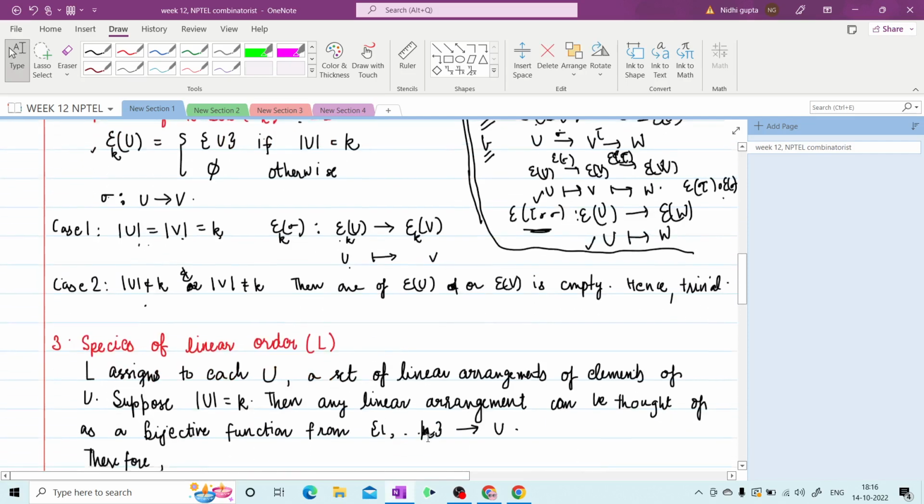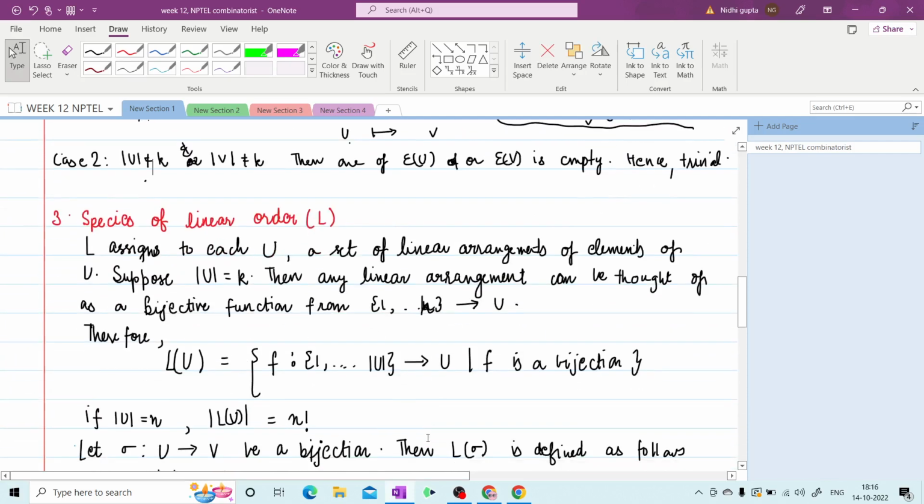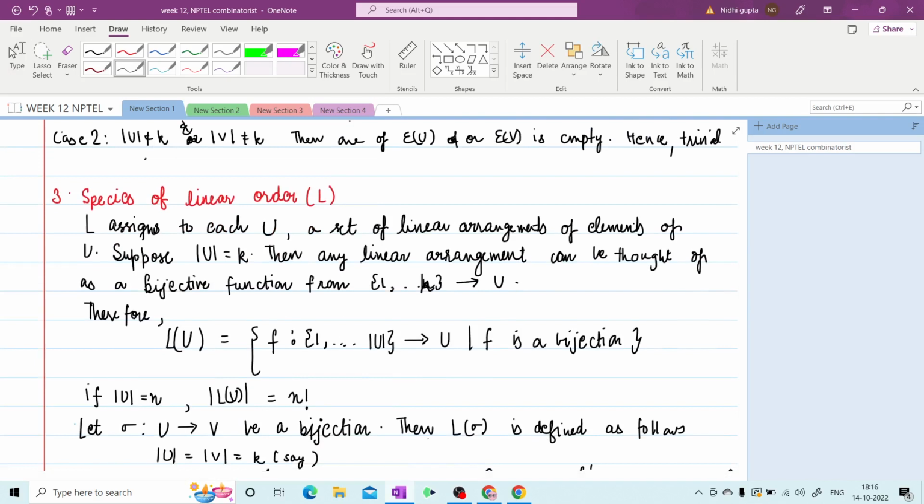Now the third example is the species of linear orders, or linear arrangements. We denote this species by the letter L. So what is this species doing?